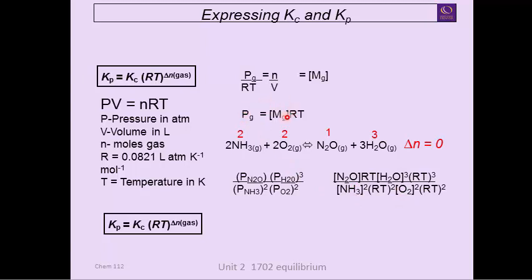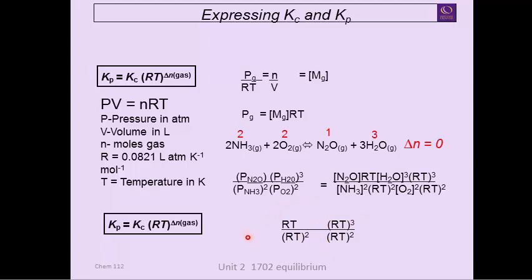I'm basically substituting this in everywhere that I see a concentration. And now all I need to do is isolate out the RTs. Let's get rid of the concentrations and isolate the RTs, and look what happens. There's a single RT there, there's a cubed RT, there's a squared RT, there's a squared RT. Now let's collect everything.